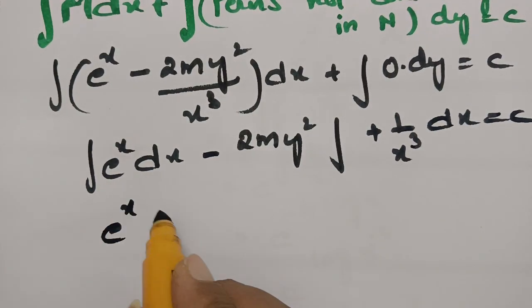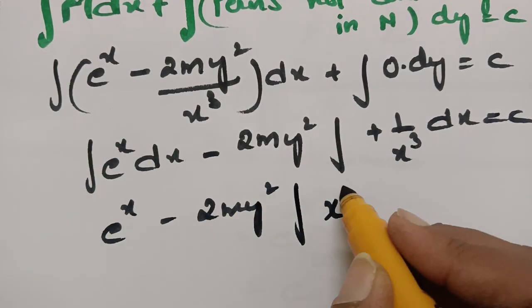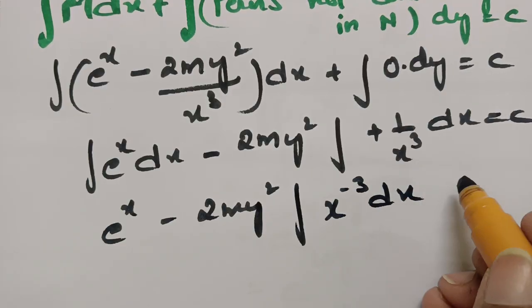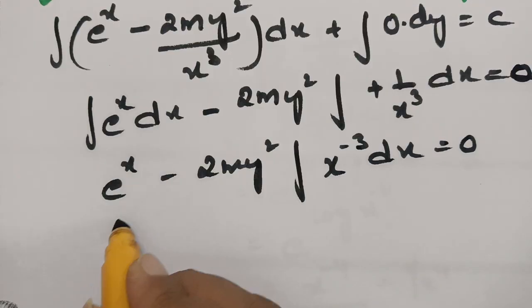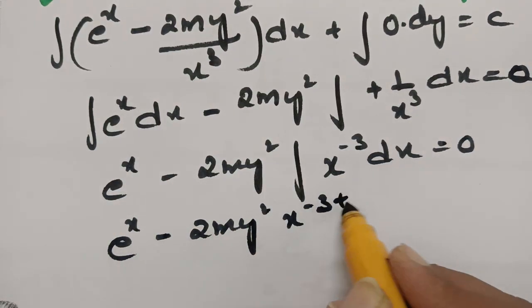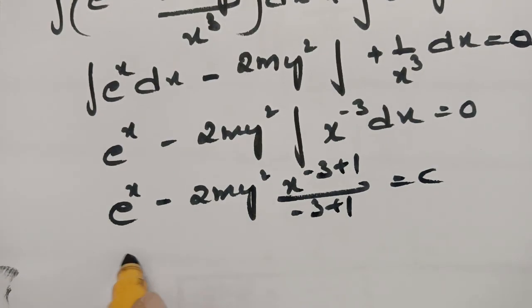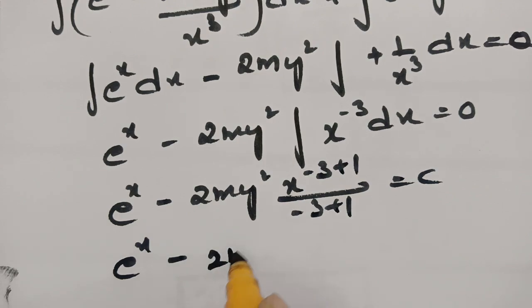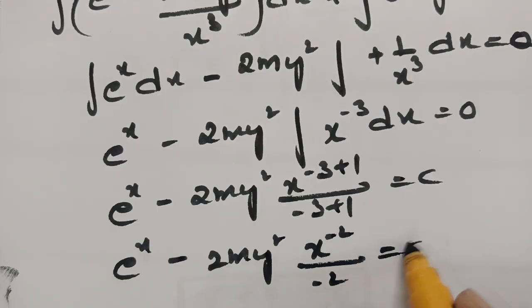So this value is e^x minus 2m y^2 and this I'll bring to the numerator as x^-3 dx, which is equal to 0. After integration I'll write c. This is e^x minus 2m y^2 x^(-3+1) by (-3+1), which is equal to c.